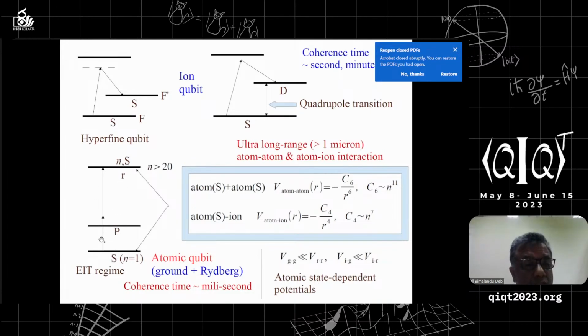It becomes a cascade system. One can use one laser here and another laser here, so the ground state will be coupled to the Rydberg state. This can be done by an EIT process by fulfilling the EIT conditions.